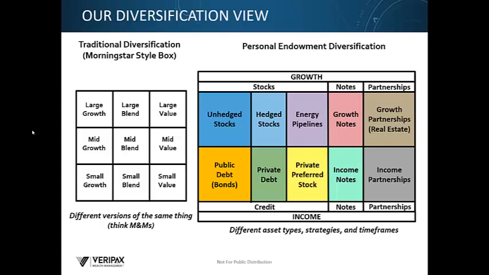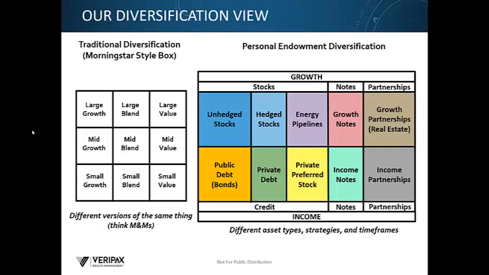But again, another great tool to add to a portfolio in order to smooth out returns and be able to capture returns that are completely independent of what the stock and bond markets are doing. So instead of just calling these things stocks and bonds, we think of it in terms of growth assets and income assets. And we have different types, we have different strategies within those types, even different time frames.